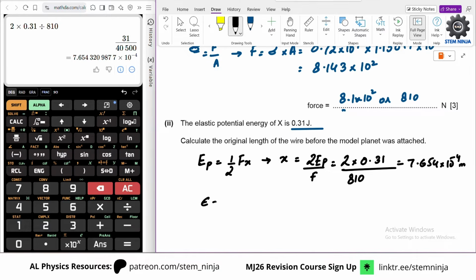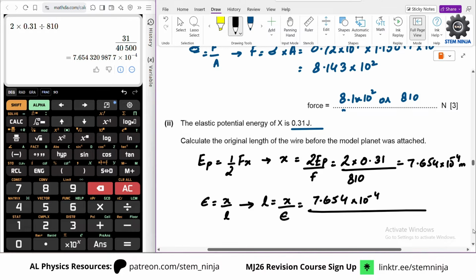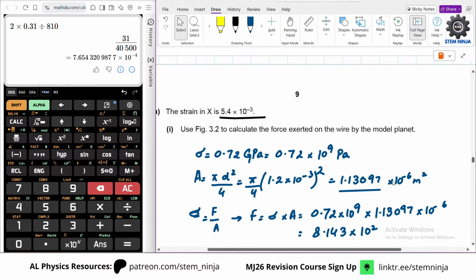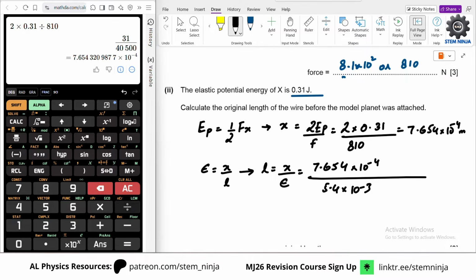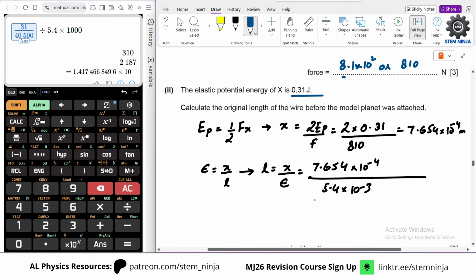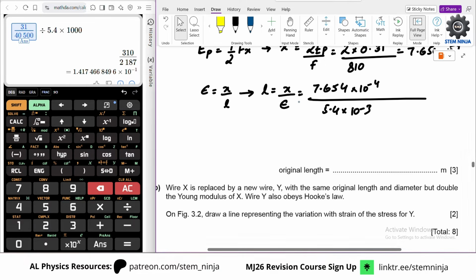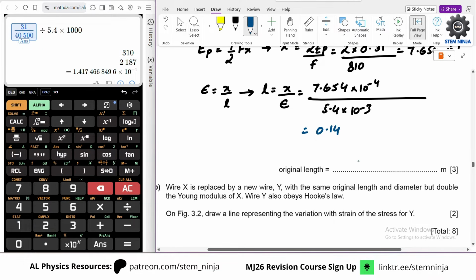So strain is x over L, so therefore L would be x over strain. x is 7.654 times 10 raised to power minus 4. Strain is 5.4 times 10 raised to power minus 3. So this divided by 5.4 times 1000. So this will get us 0.14 meters.